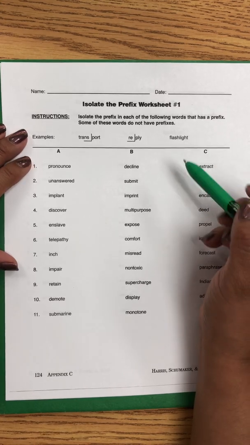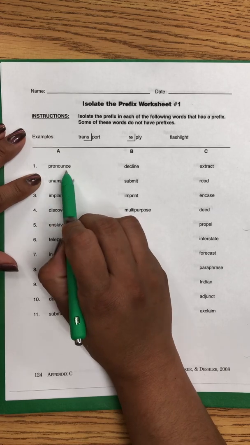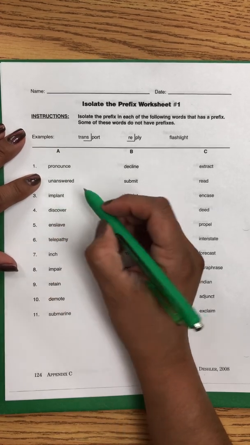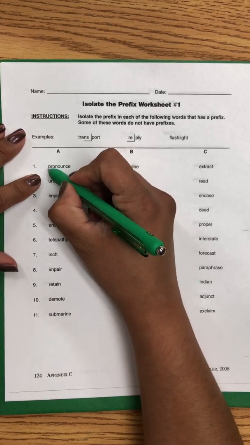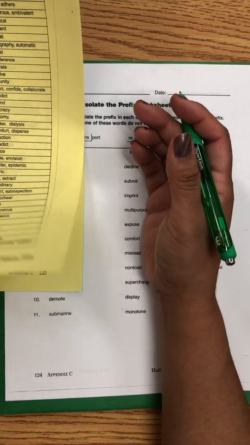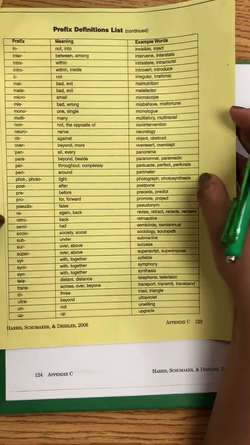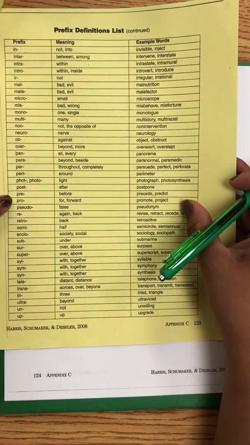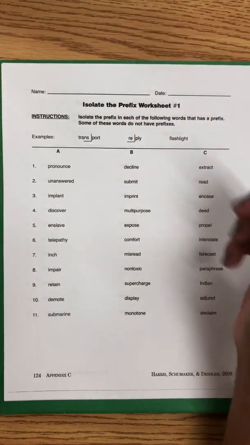Okay. So if I look at the first one, it says pronouns. Automatically, I broke it apart and I said pronouns. So I could go ahead and put this in here, but if I want to double check, I can go into my worksheet on my prefixes definition list and see that pro actually does have a meaning and it is a prefix.